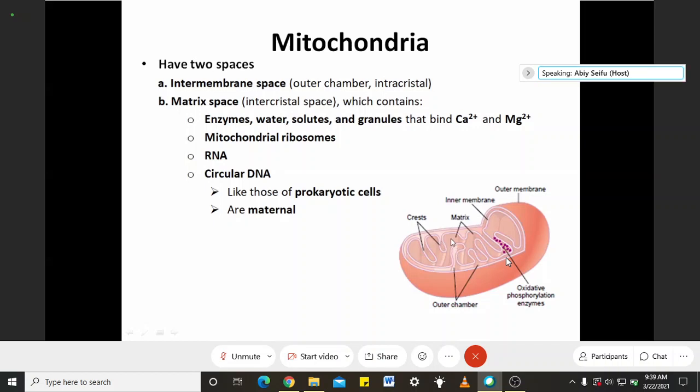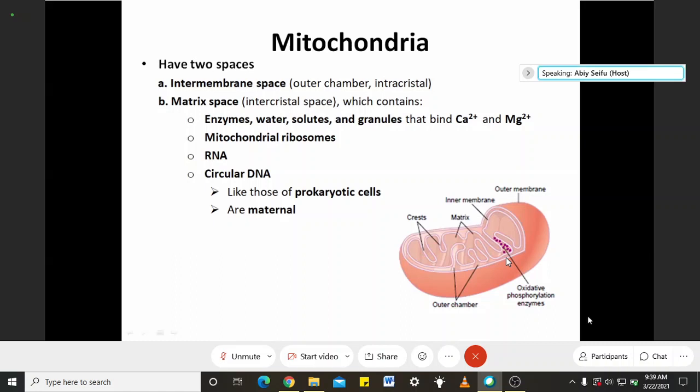Normally, eukaryotic cells have their DNA located within the nucleus. But we also have a small amount of DNA, small genes, present within the mitochondria. We call this mitochondrial DNA. It is like the DNA of prokaryotic cells.